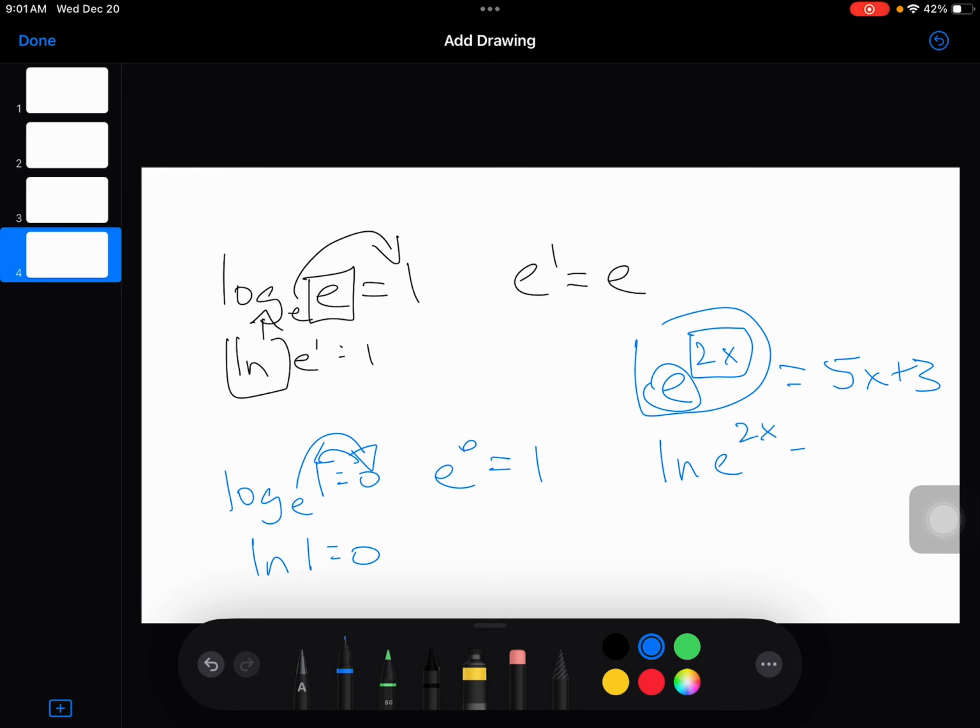Ln e to the 2x is just going to be equal to 2x, because these two cancel out, because log base e of e to the anything is just going to be equal to that anything, 2x, because that's the definition of a log.